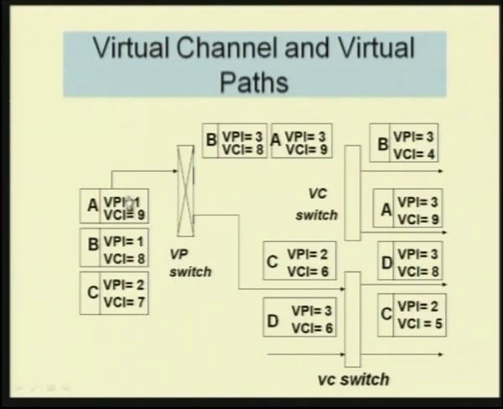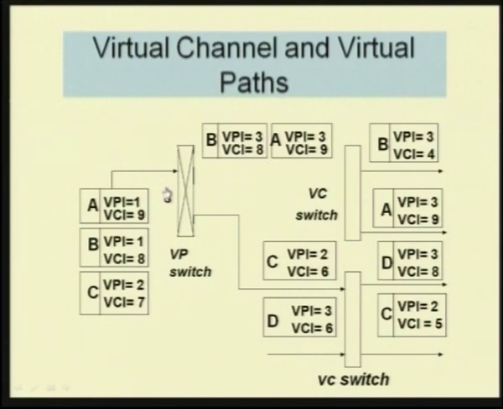Now, this goes to a VP switch. At a VP switch, the VP will change, but not the VC. So, you can see what is happening here. Cell B, when it is switched, gets VPI equal to 3. So, VPI number 1 is being switched to VPI number 3. But if you look at the VCI, what was 8 here continues to remain 8 over here.